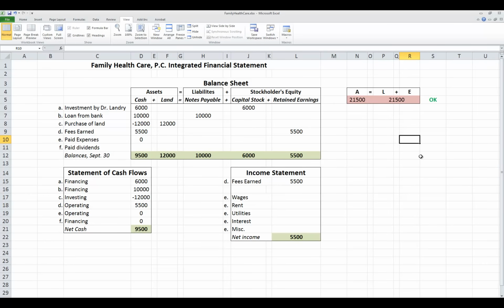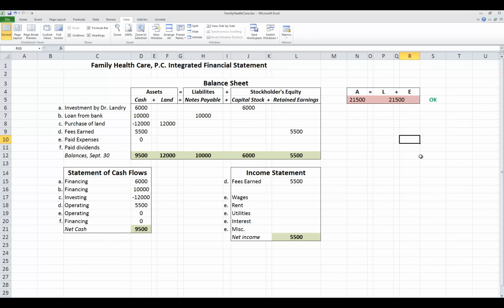So if we look at our accounting equation on the right-hand side, we have 21,500 equals 21,500, and we're okay. Now if we go to the bottom of our asset column, we will see that we now have $9,500 in cash and our $12,000 in land.